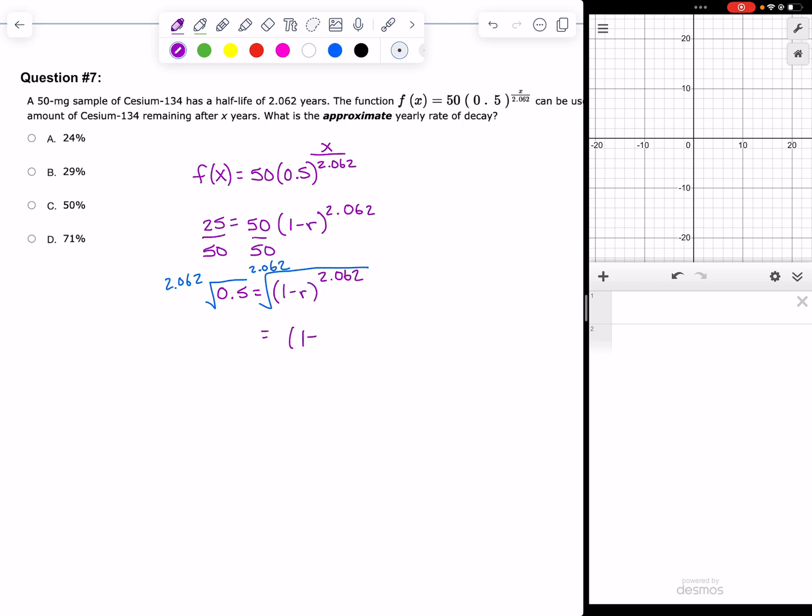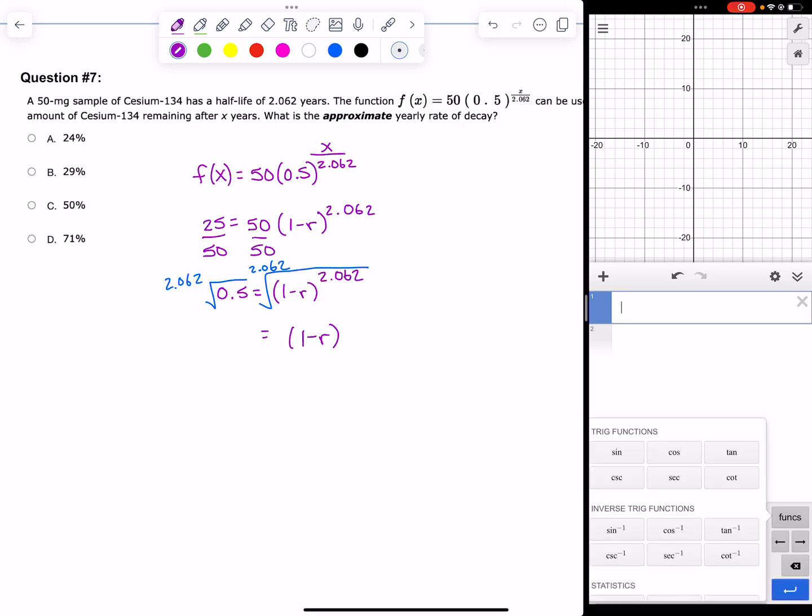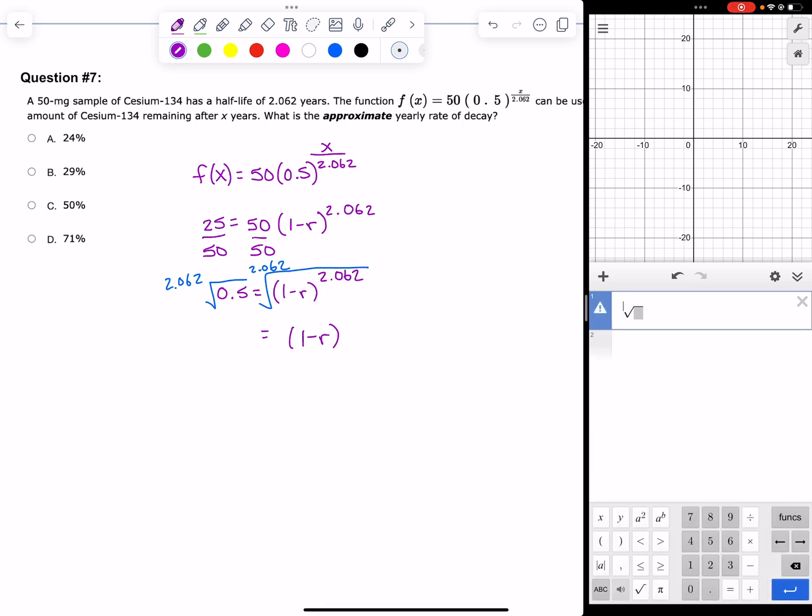So then I get 1 minus r on the right, and on the left, I can go down to the bottom of my functions menu in Desmos and get the nth root and put any root I want right there. So I'm going to put 2.062, and I'm going to put 0.5 to that root, which is 0.7145, equals 1 minus the rate. So then I'm going to subtract 1.